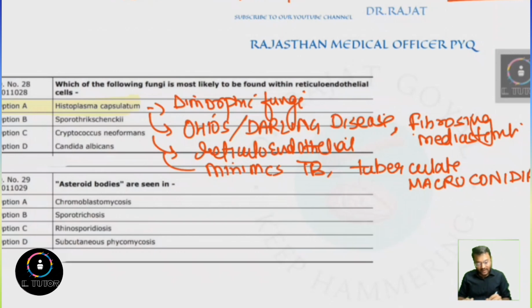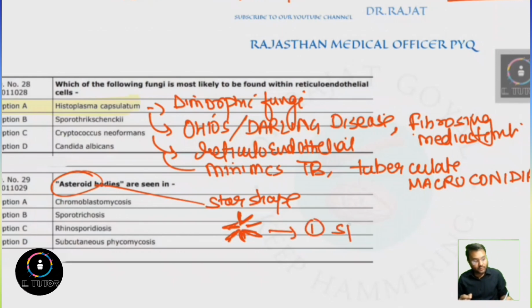Asteroid bodies are seen in. So asteroid means star shape. And asteroid bodies are seen in two conditions. One is sporotrichosis, and another is sarcoidosis.